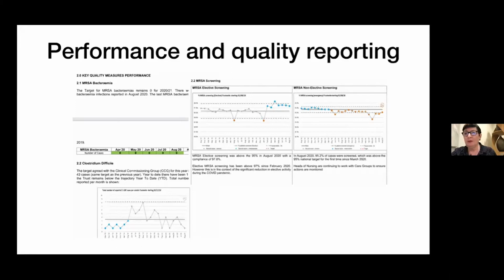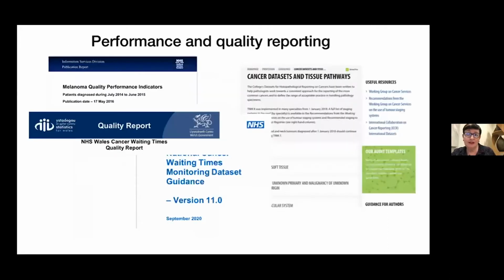Performance and quality reporting is generally to standards or aspirational local targets.